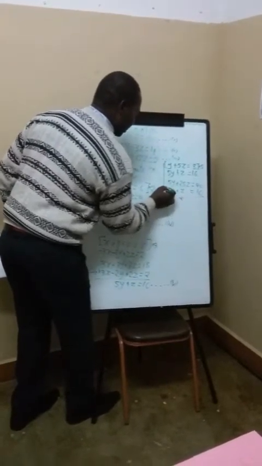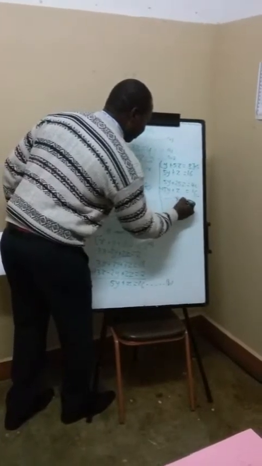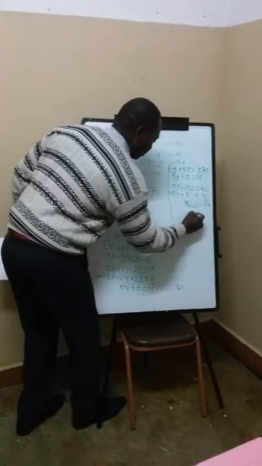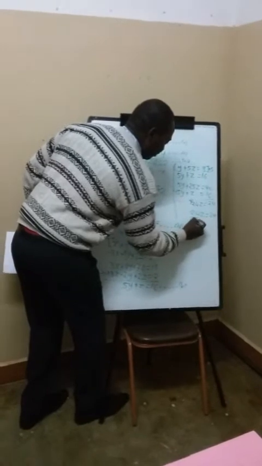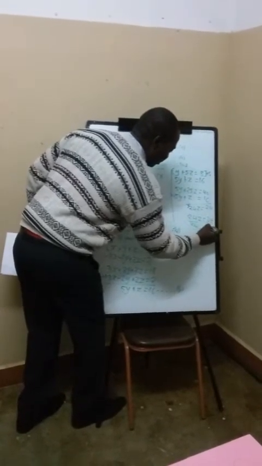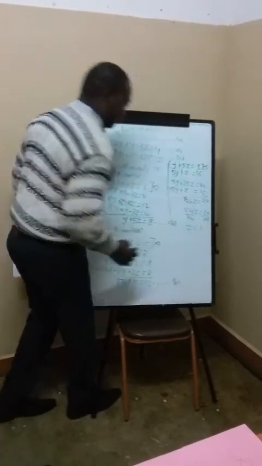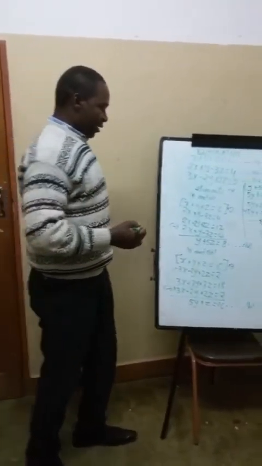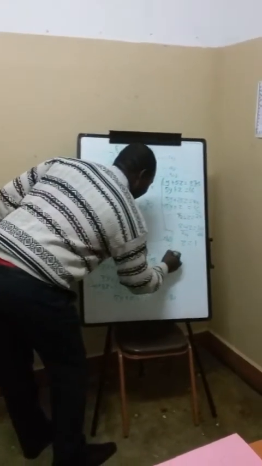When we subtract, we have 0y, we have 24z is equal to 24. So 24z equal to 24, we divide by 24 here, we divide by 24 here, so our z is equal to 1. So we found the first one, we found the value of z.